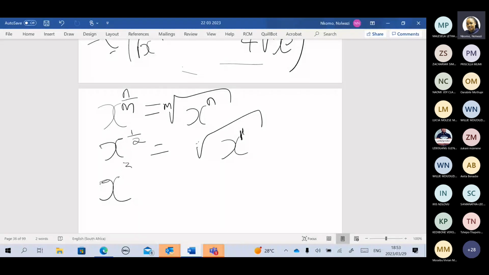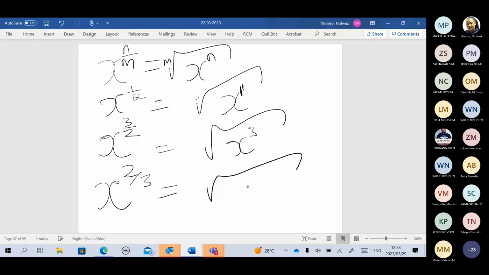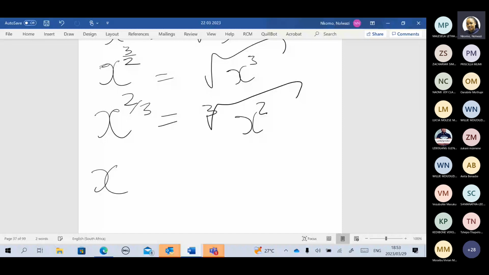this is the same thing as the square root of x cubed. And if we had x to the power 2/3, then this is the same thing as the cube root of x squared. And if we have x to the power 4/3, this is the same thing as the cube root of x to the power 4.